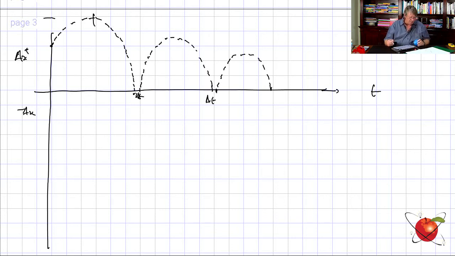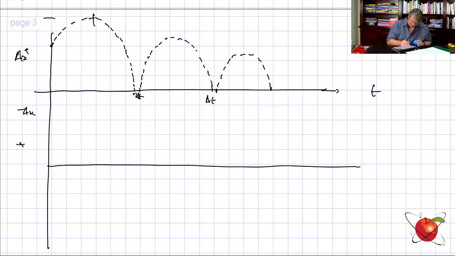Now let's draw the velocity time graph of this bouncing object, shall we? This is plus v, minus v. At the initial point at time naught, what did we say? We said always look at the time intervals. Let's draw it in red. At time naught, I am above the ground and I went up.